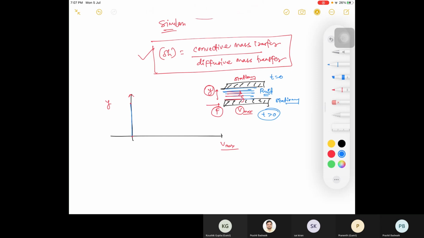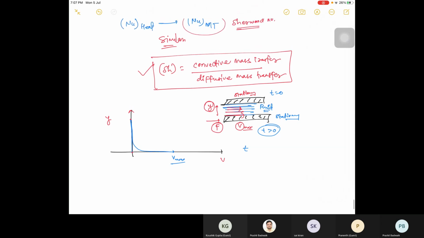Then after time t, what happened? Lower plate has velocity v max, right? So this kind of profile you will be having. Again, as time increases, what will you get? You will find velocity at upper plate starts increasing.